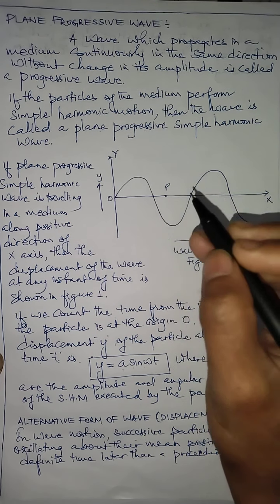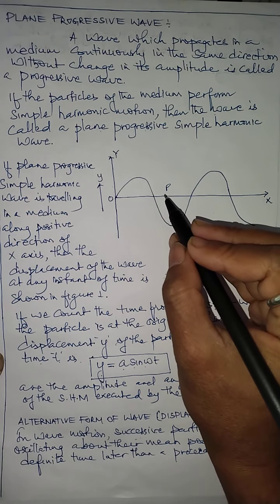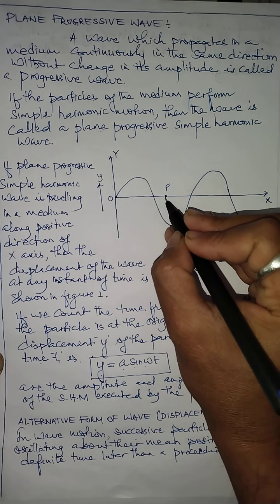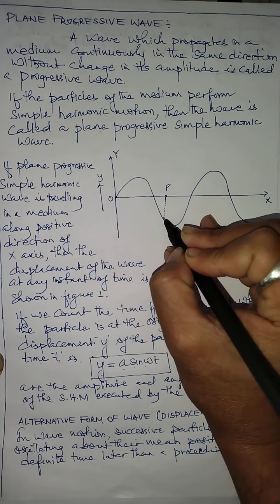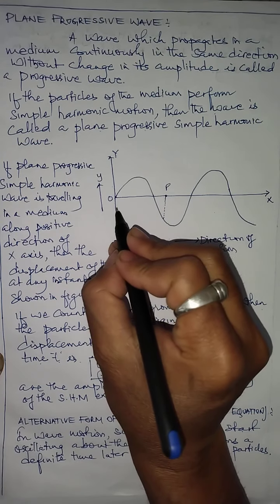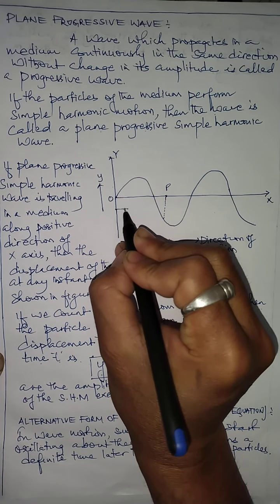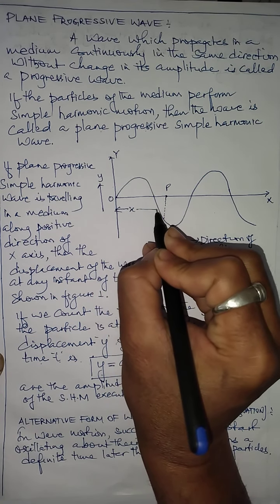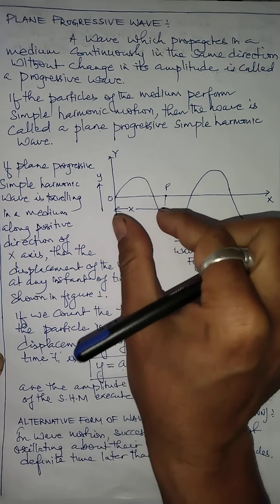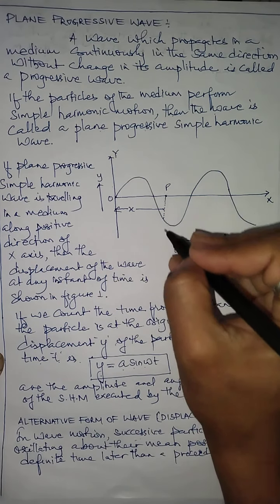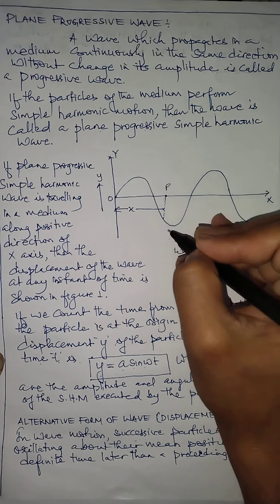So let me consider there is a particle at P, which already has a displacement with respect to O, and that displacement I consider as, say, x. This is the position or the distance of the particle along the axis.